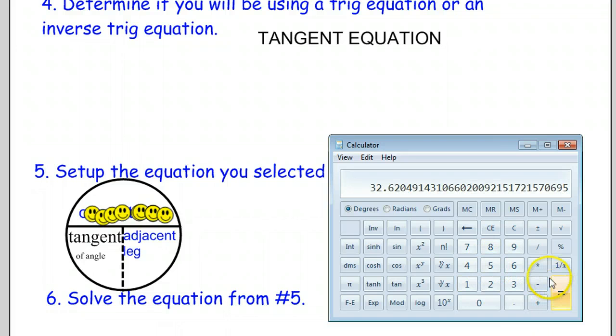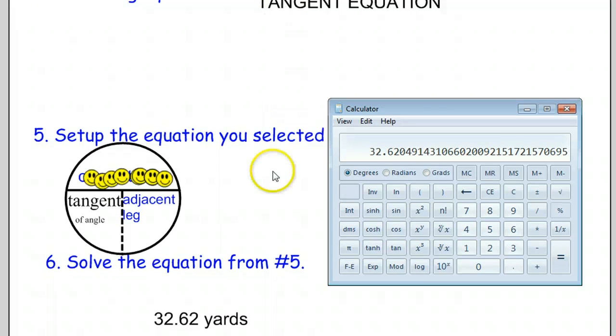We get the exact same answer. So we have more than one way to figure out this answer, using the circles or using the standard equation. All right, that's it.